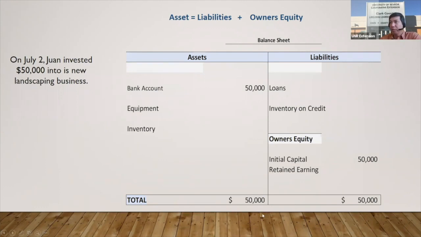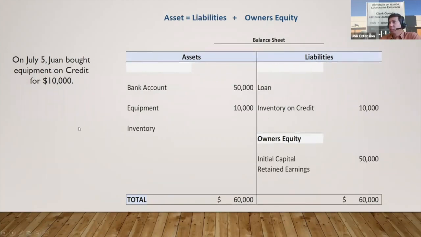Do we have a balance? Yes, 50,000 on one end, 50,000 on the other end. This is how accountants and bookkeepers find things. If things are not in balance, or our categories are overstated, this is how they follow the money.